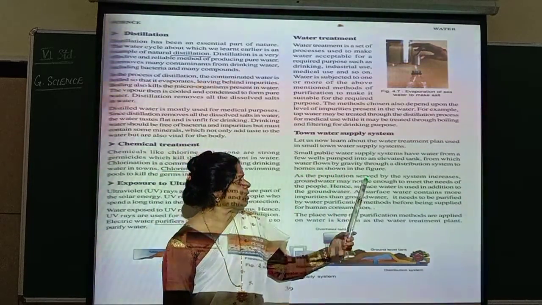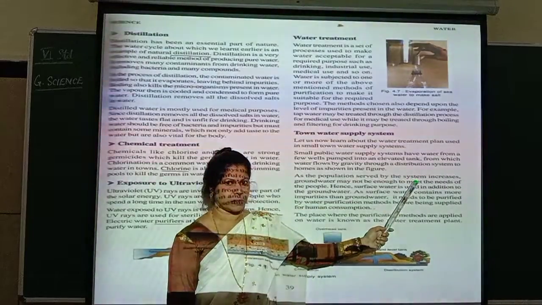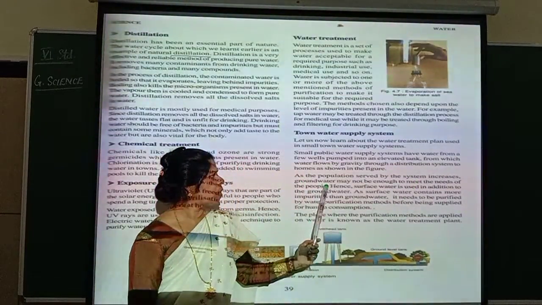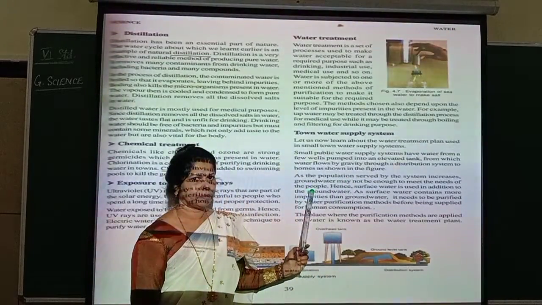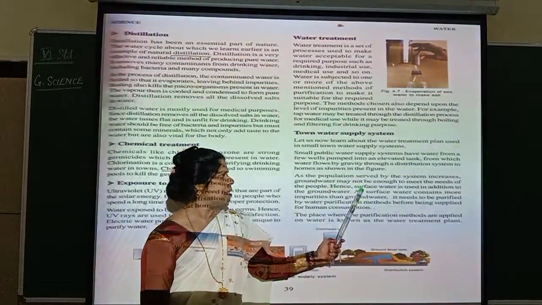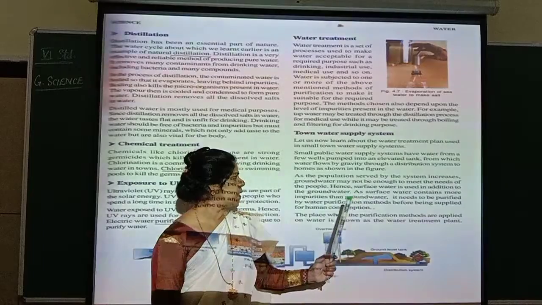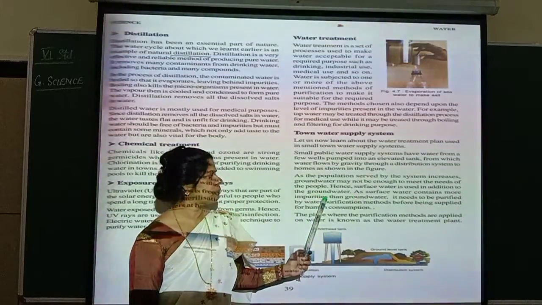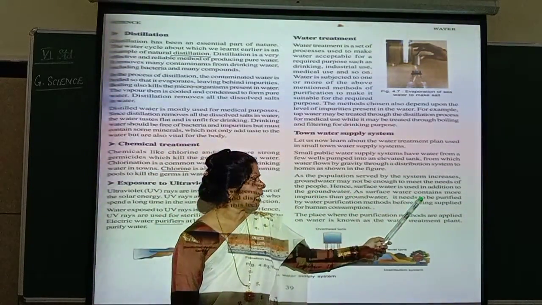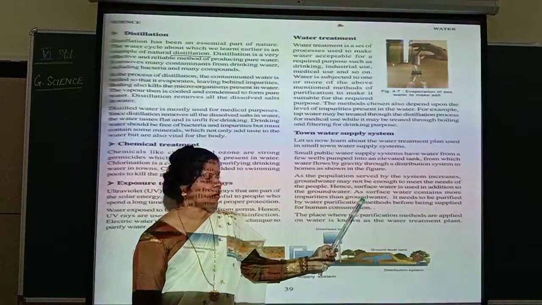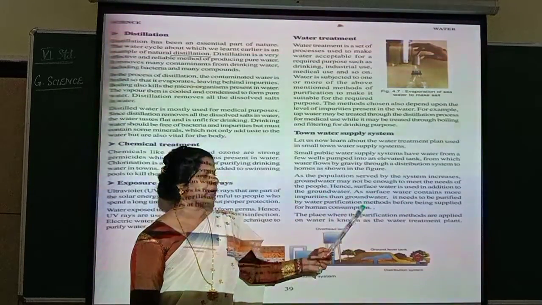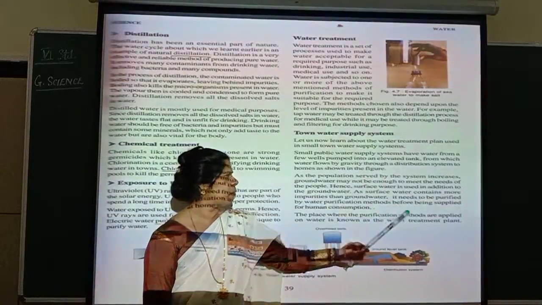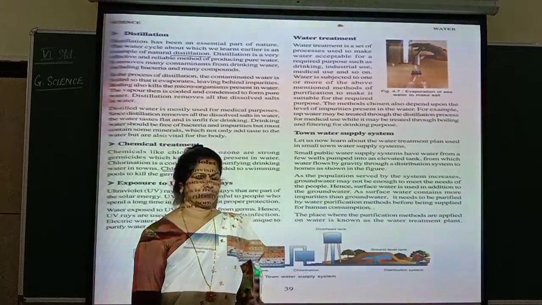As the population served by the system increases, groundwater may not be enough to meet the needs of the people. Hence, surface water is used in addition to the groundwater. As surface water contains more impurities than groundwater, it needs to be purified by water purification methods before being supplied for human consumption.